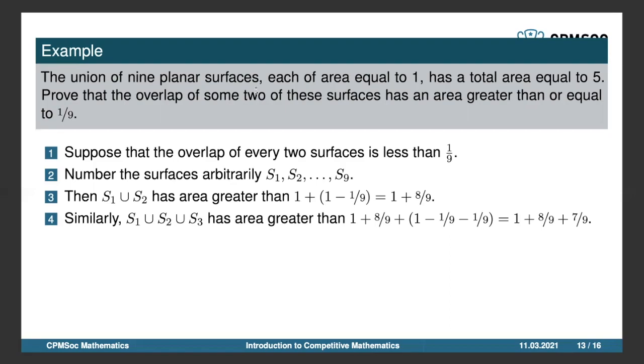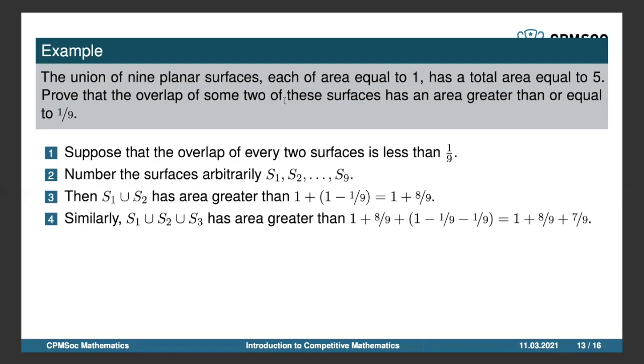From earlier, S1 and S2 combined have an area greater than 1 + 8/9. Now S3 intersects with S1 in an area less than 1/9, and S3 intersects with S2 in an area also less than 1/9.